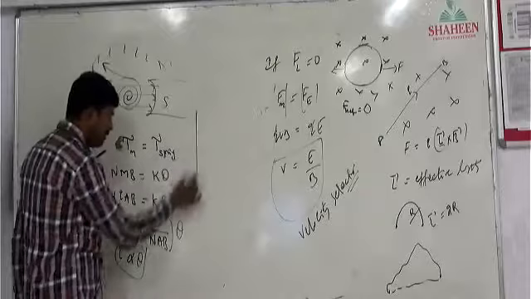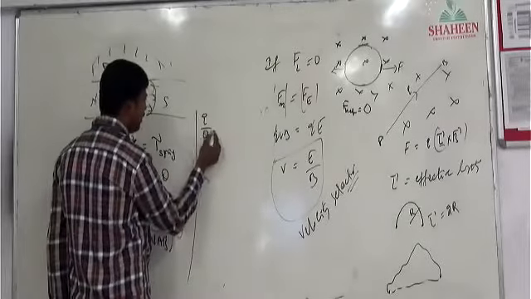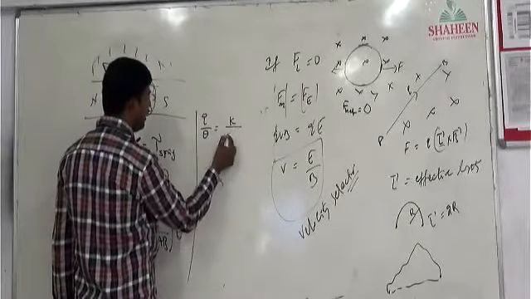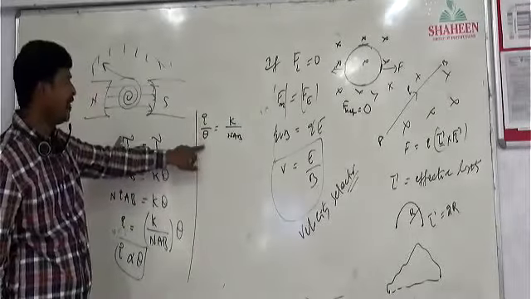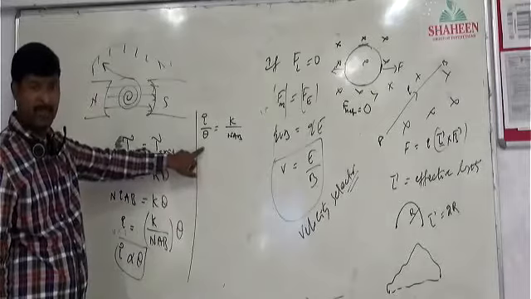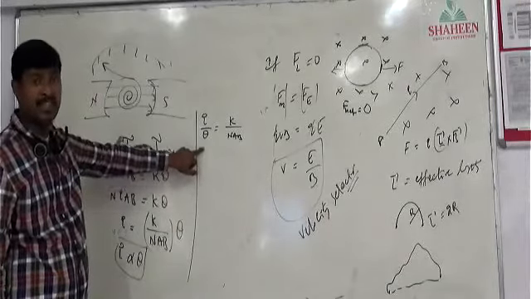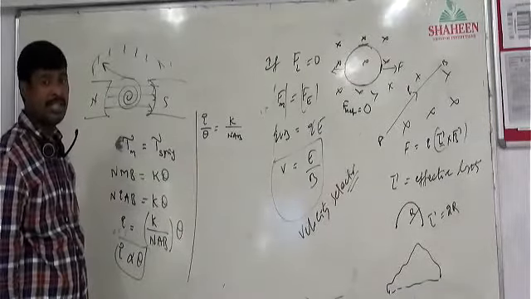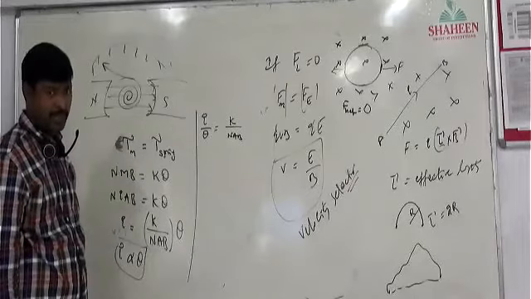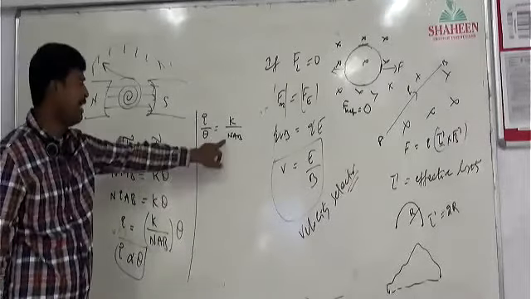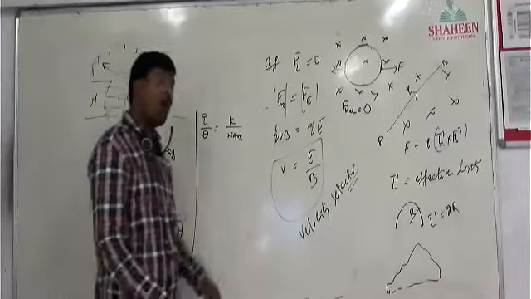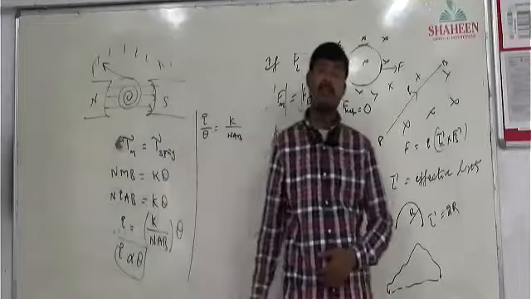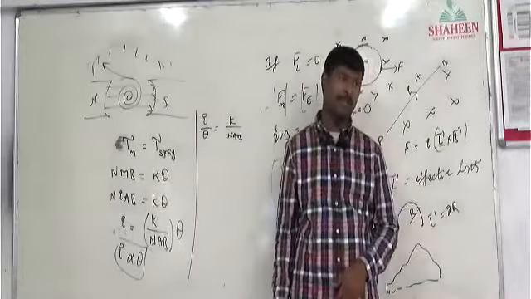And I by theta, the current per unit deflection, is called current sensitivity, which is NAB by K. Right?